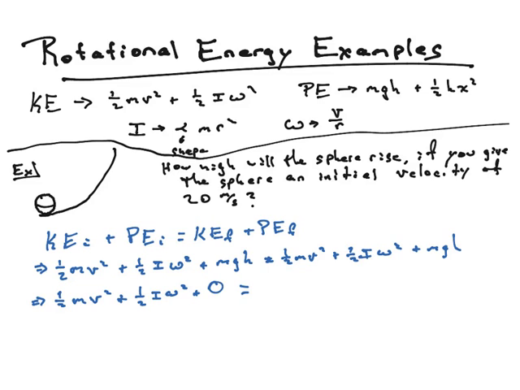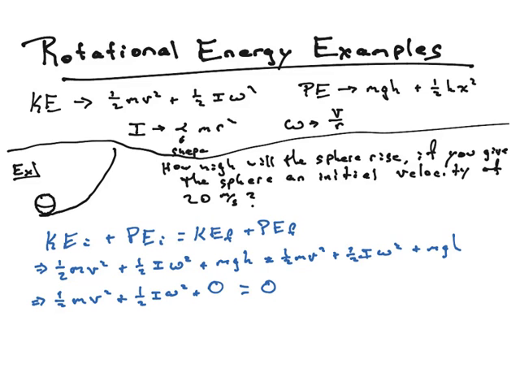Final position: I've rolled up the hill as high as it can go. At this point, am I moving? No. If I'm as high as I can go, I must have stopped moving, because if I'm still moving, then I'm still going up. I'm not at the top yet. So 1/2 mv squared must be 0 because I had to stop.